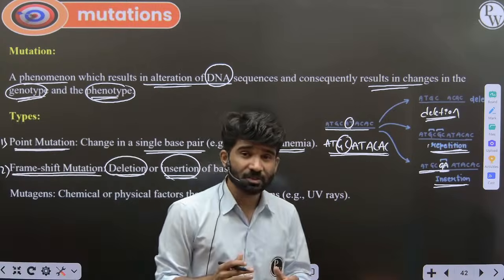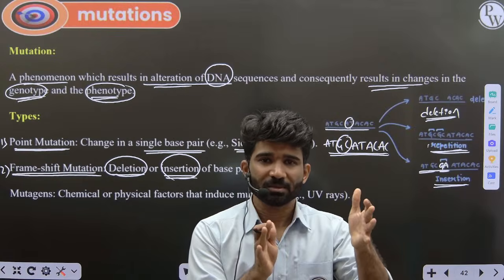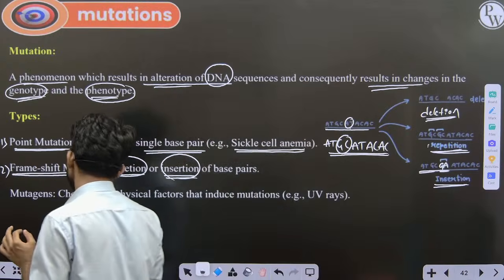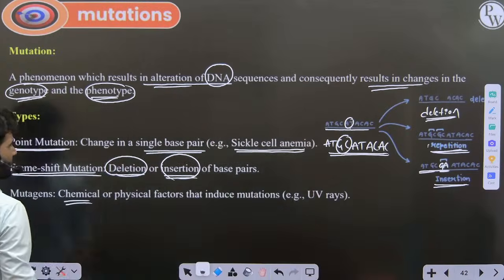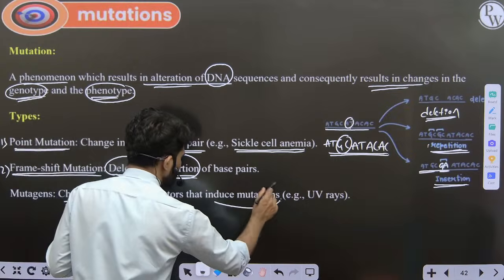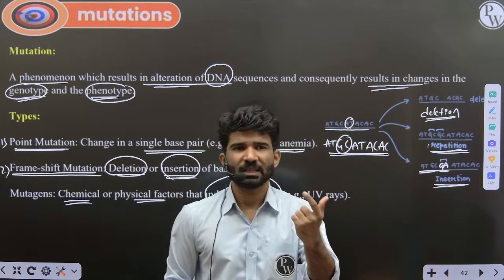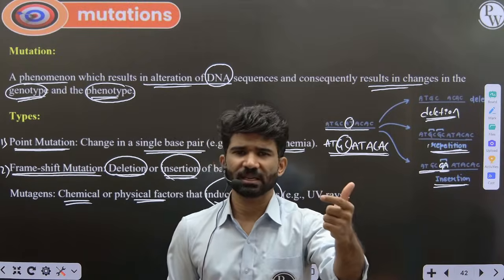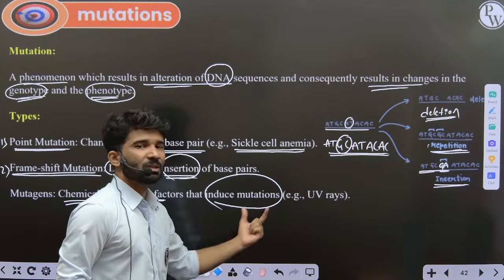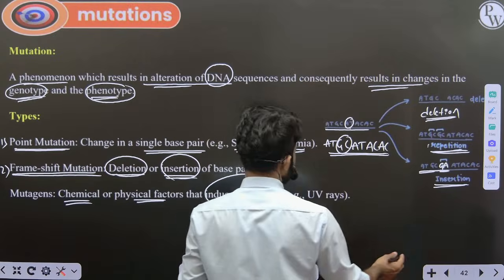What is the cause behind mutation? Mutation can be caused by substances called mutagens. Mutagens are any chemical substances or physical factors that cause mutation, such as harmful radiation like X rays, gamma rays and UV rays, causing different types of mutation in the organism.